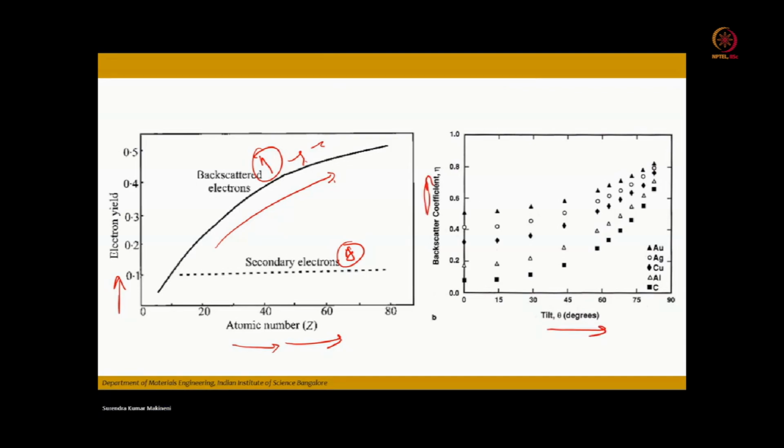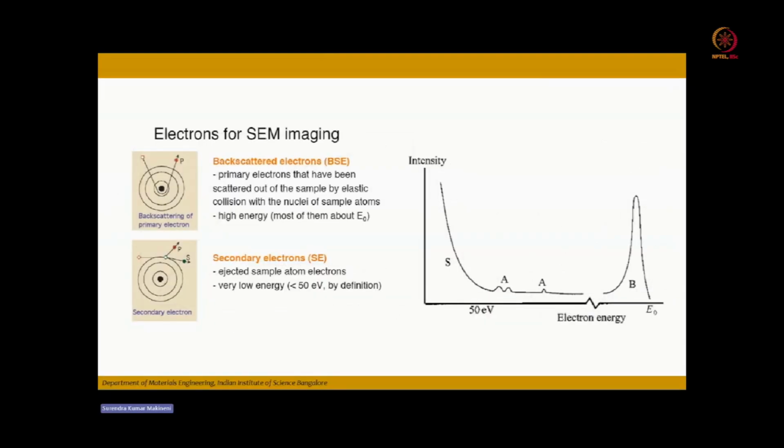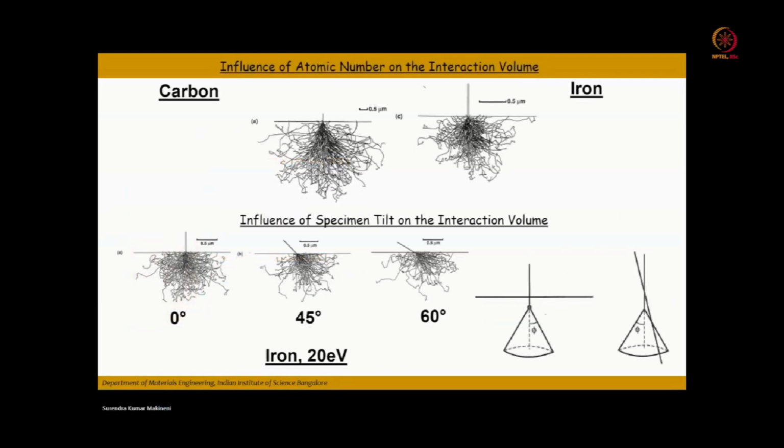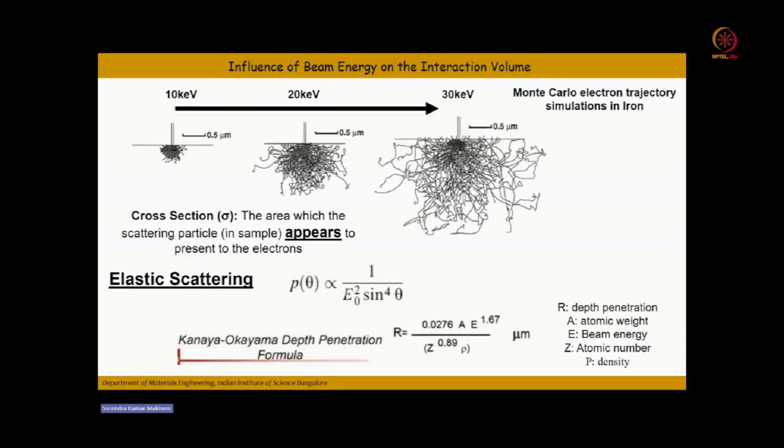Okay, so here you can see the backscattered coefficient with the tilt angle. As I just introduced about the interaction volume, as you increase the incident electron voltage, the interaction volume also increases.